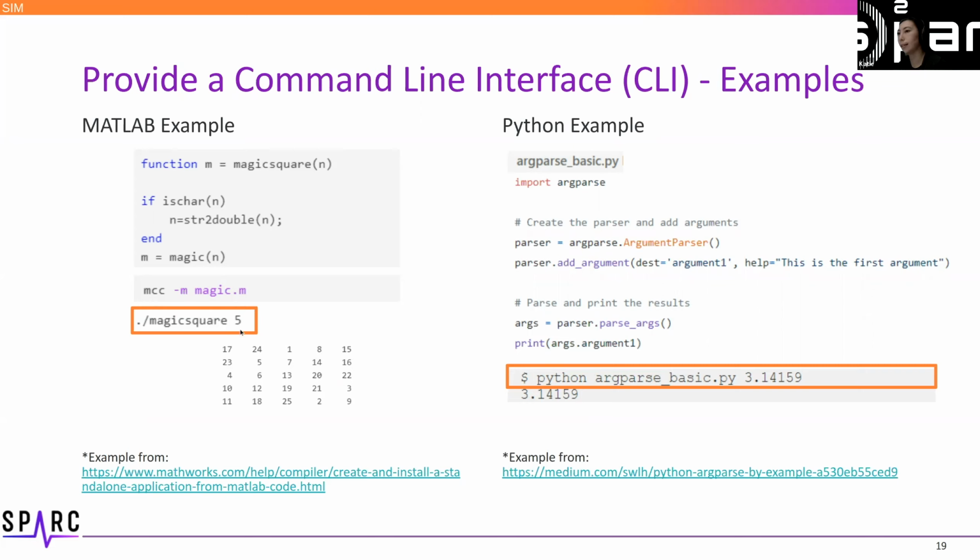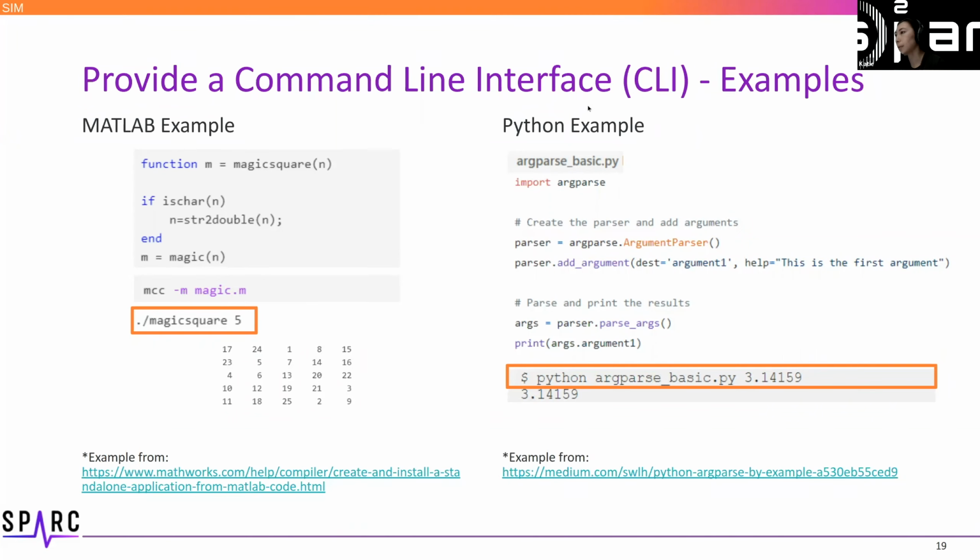So in order to pass inputs, you just call the executable and then the input. And the result of that execution is going to be an n by n matrix.